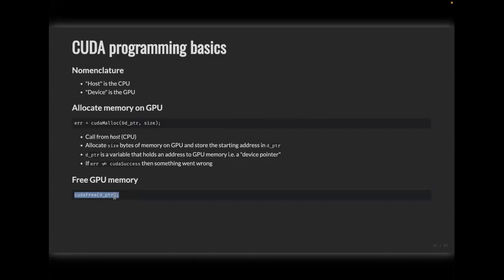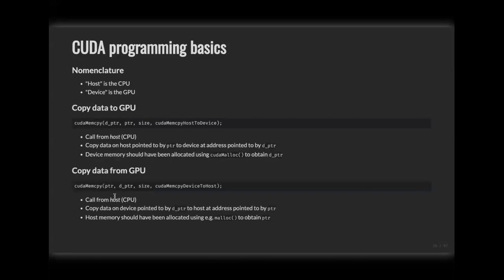It's good practice to free it before you exit the program, but you might want it to live on the GPU even after you copy it. That depends on your application, but it's good practice to free it before you close the program.